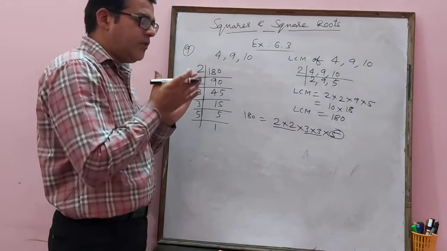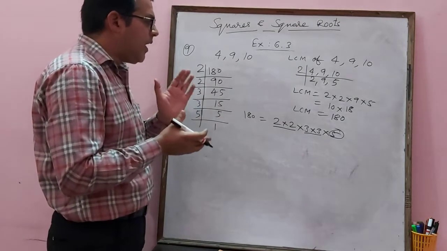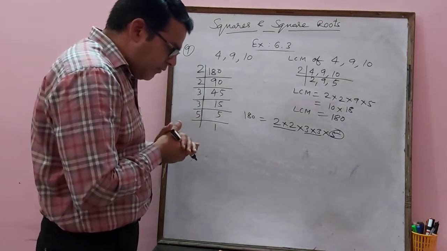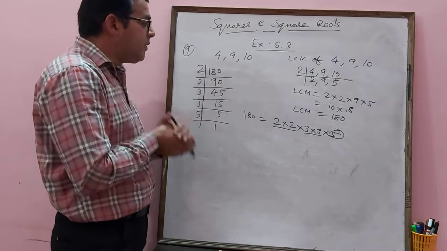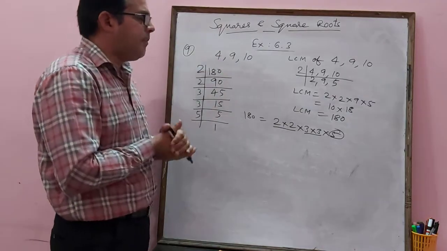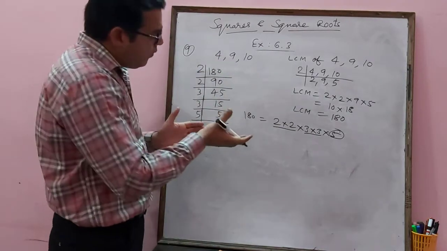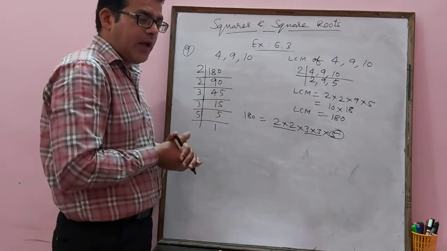Now you just think about the question. What is the question? Find the smallest number which will be divisible by 4, by 9 and by 10. So we can see here this 5 is extra, meaning it does not have any pair.